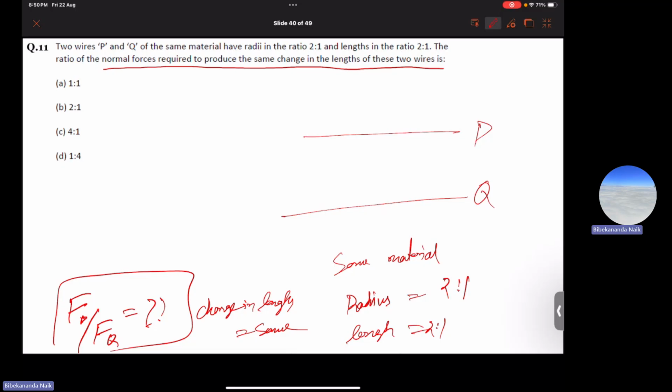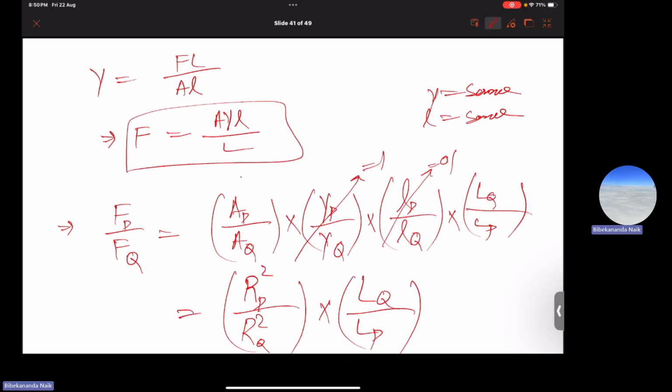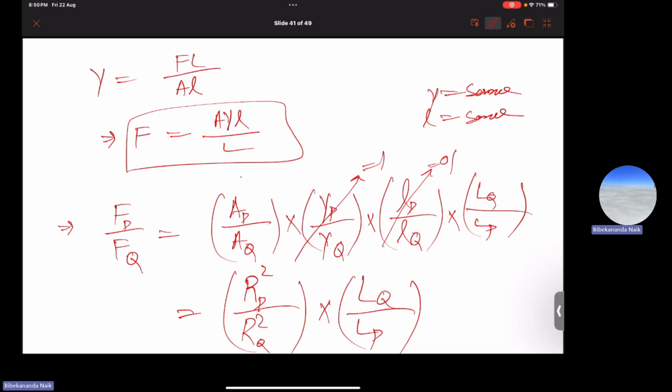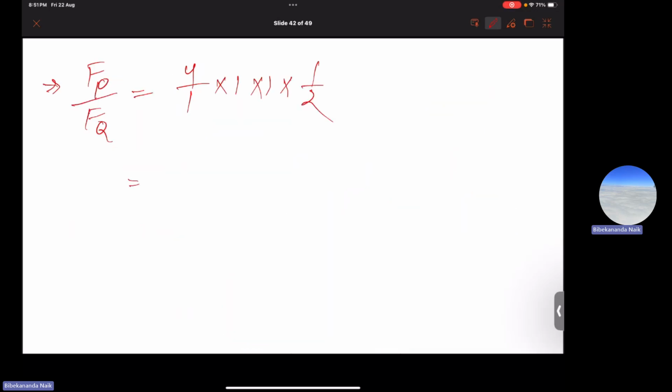radius is 2 is to 1, length is 2 is to 1. So it is 4 by 1 into 1 into 1 into 1 by 2. Because for length it is Q by P, but for radius it is P by Q. So it is 4 by 1 into 1 by 2, that is 2 by 1. So F_P is to F_Q is 2 is to 1.